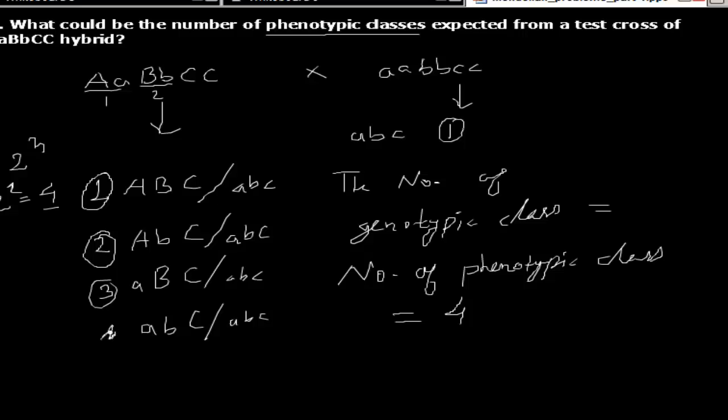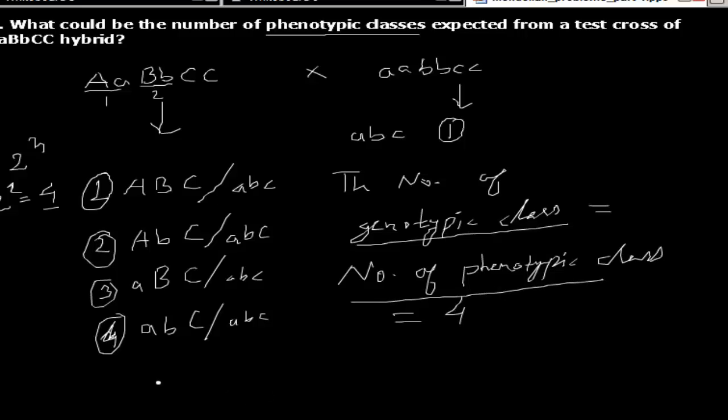So what is the key learning? The key learning is that in case of a test cross, the number of genotypic and phenotypic classes are always the same. So that is why here we get the same genotypic as well as phenotypic classes.